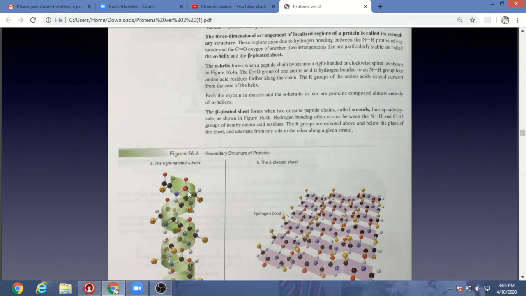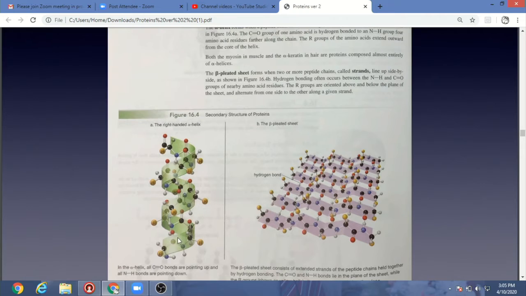And when you go 1, 2, 3, 4 amino acids down the chain, you'll see there's an attraction there. If we go all the way down to the bottom, we can see it again. You see the carbon oxygen pointing up here, and the nitrogen and hydrogen pointing down. This nitrogen and hydrogen is attracted to this carbon and oxygen. This nitrogen and hydrogen is attracted to this carbon and oxygen.